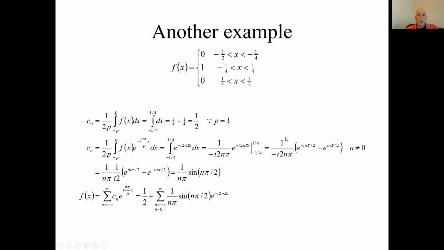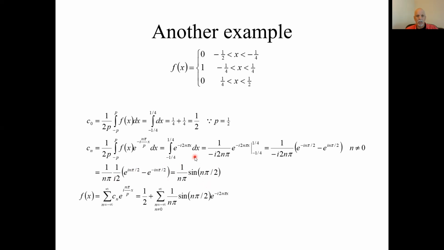So I'll break up what's up front here, separate the 1 over n pi from the 1 over 2i. The rest of it, hopefully you start recognizing that in this case it's a sine of whatever this exponent is without the i in it. These are the Fourier coefficients.